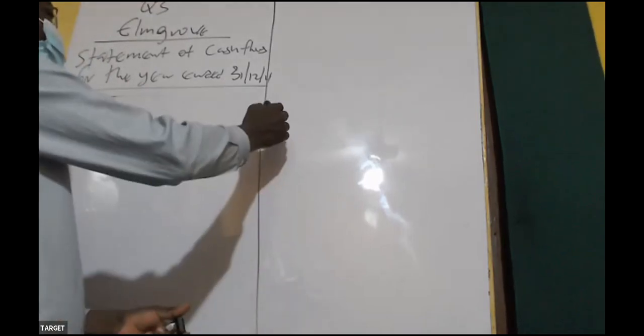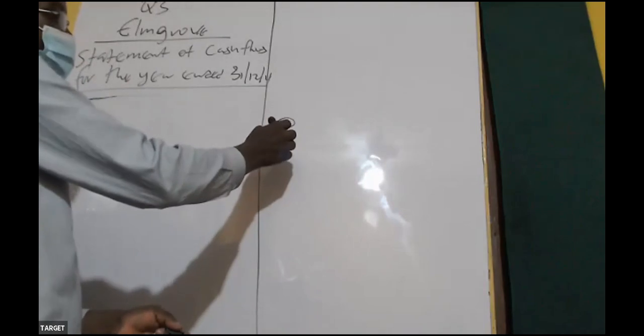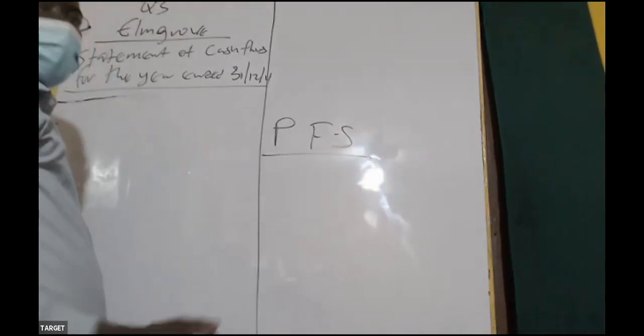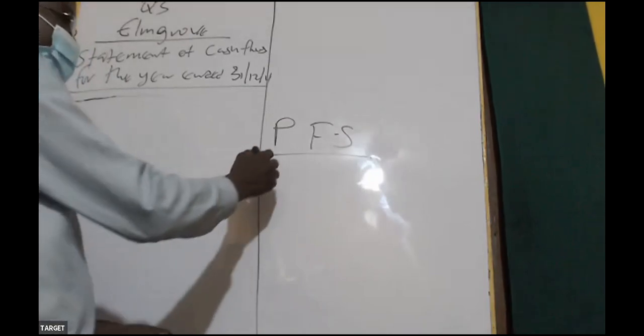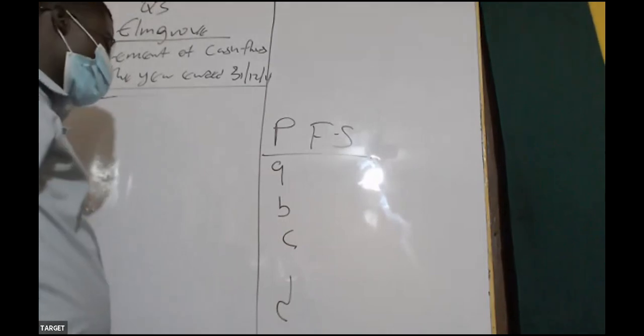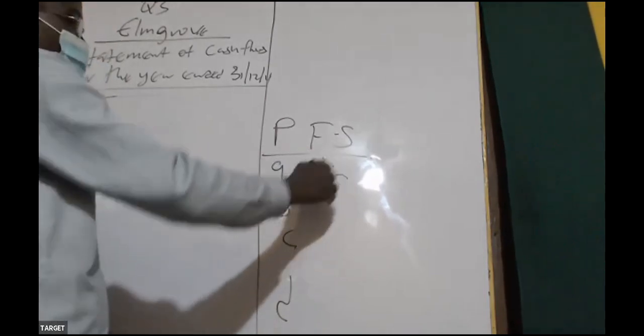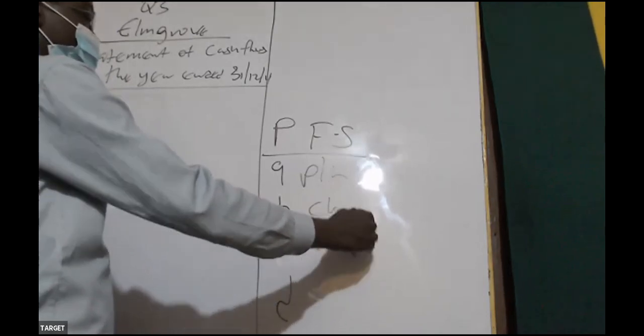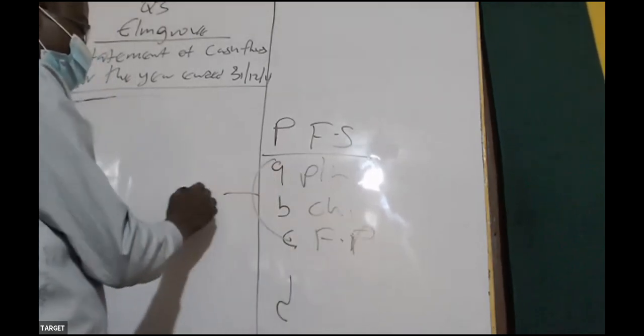Now, every year, there must be a preparation of financial statements. We are going to prepare financial statements. And out of it, they are basically A, B, C, and then D. P&L, changes in equity and financial position. That's one set, 20 marks.